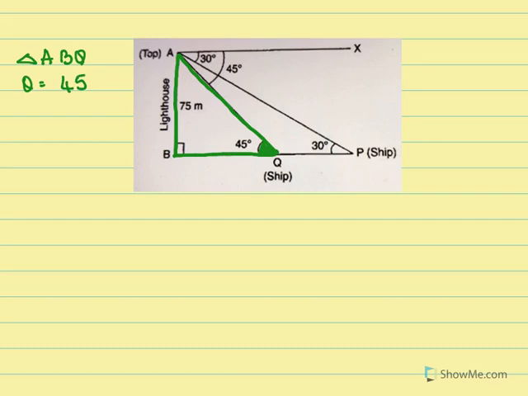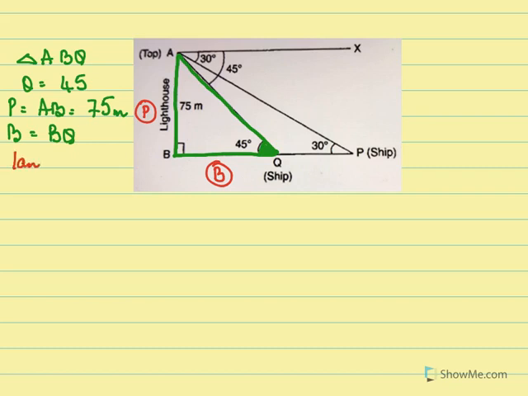You have to mark a perpendicular and base for 45. Here is a perpendicular and this is the base. So we write that perpendicular is AB, which is given as 75 meter, and the base is BQ, which we don't know. We leave it at that.